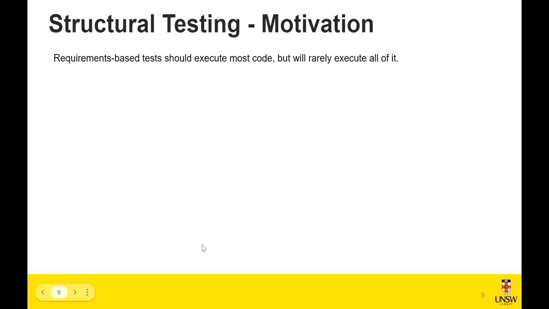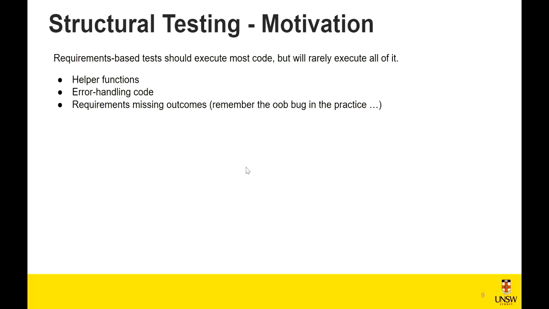The motivation of having structural testing is that requirement-based tests are not enough. Most of the time, they could execute a lot of code, but they are not directly related to the actual code. So they rarely execute enough code coverage.